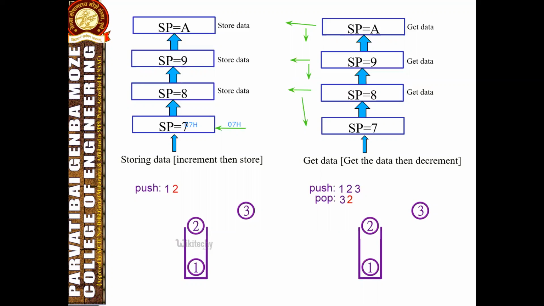After reset, the stack pointer is initialized to 07H, so the stack will begin at location 08H. After power off, this 07H value will be present, so it will start operation from location 08H, because its feature is to increment first, then store the data.